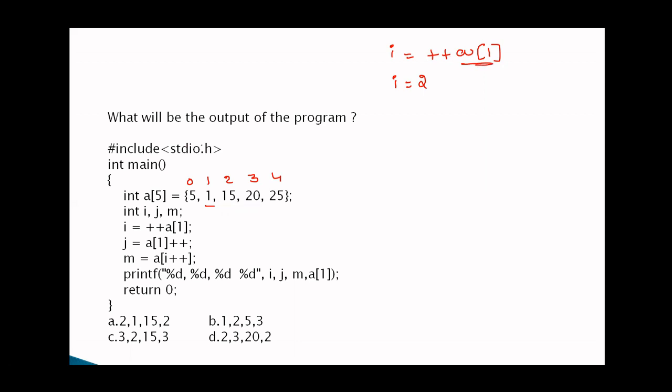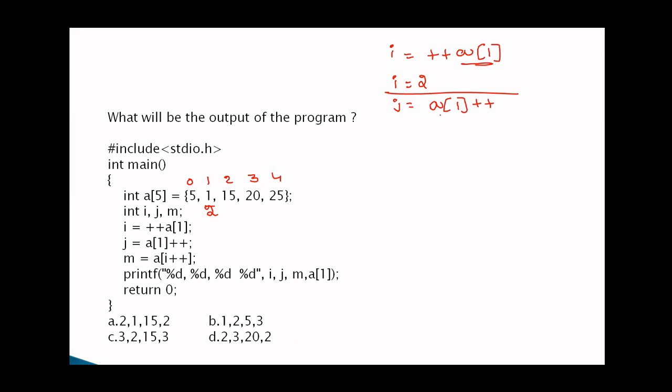Automatically, plus plus A of 1 means the value present at A of 1 is incremented. That is a pre-increment. What actually happens? First it increments the value to 2 and the 2 is assigned to i. Is it clear? Now the statement is completed. Now j is equal to A of 1 plus plus. This is the post increment.